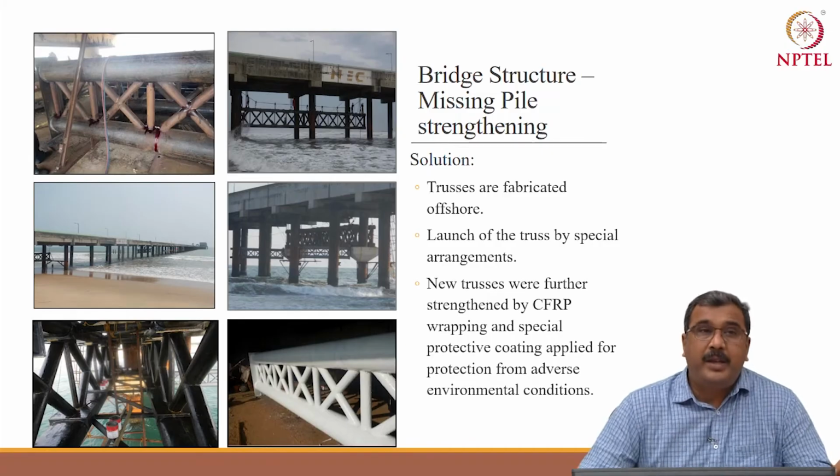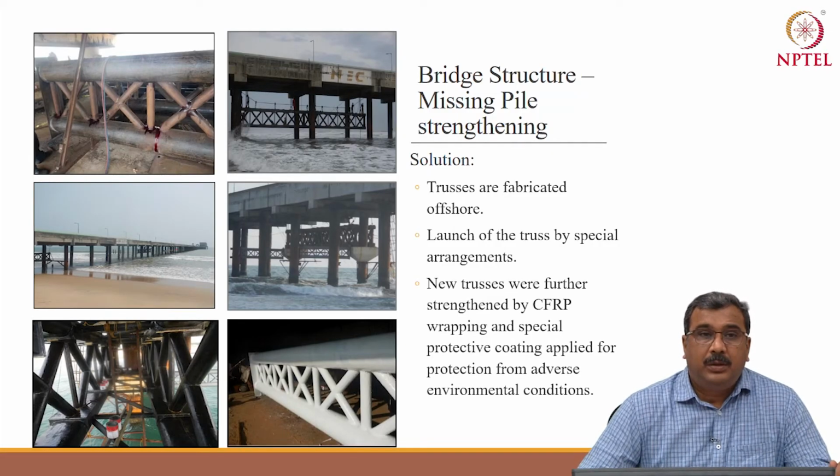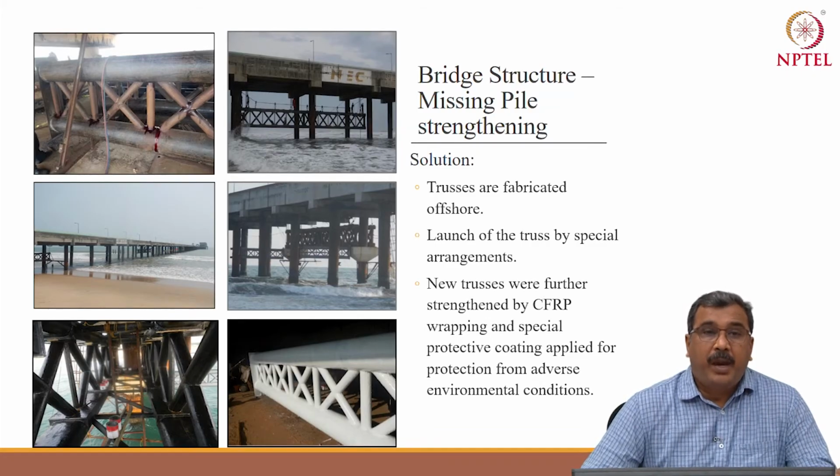Proper care has been taken that there is no direct contact between the carbon fiber and the MS pipe, which might induce further dissimilar metal corrosion. So there is an adhesive, or the surface is prepared in such a way that there won't be any direct contact between the carbon wrap and metal.